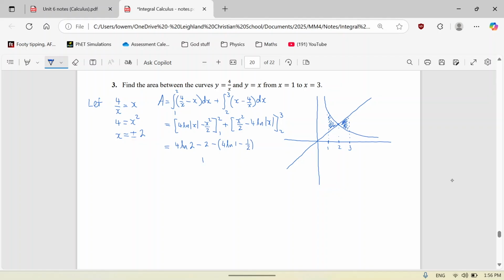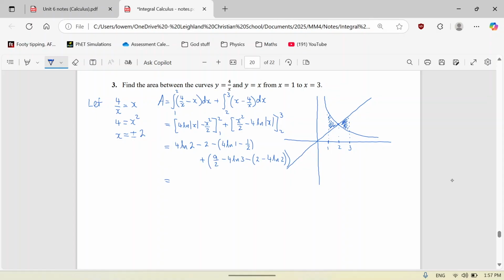And then adding onto that our result by substituting the 3 and then the 2. So put that in brackets, we'll end up with 9 over 2 minus 4 log 3. And then minus, substituting our 2, that becomes 4 over 2 is 2 minus 4 log 2.